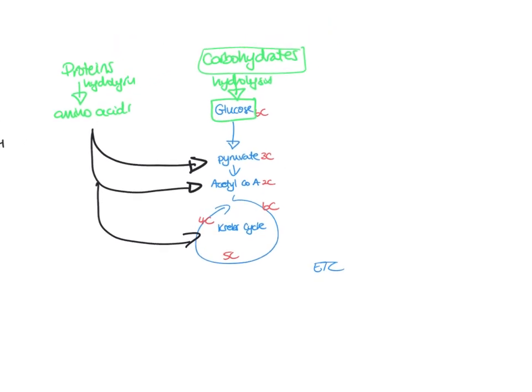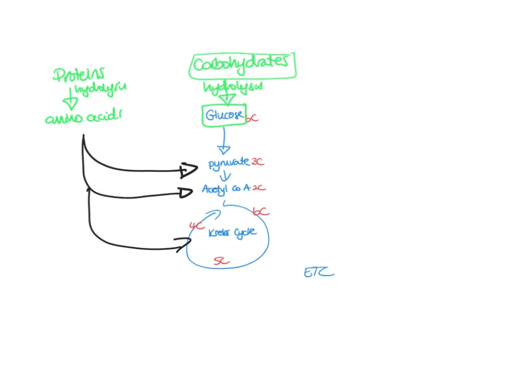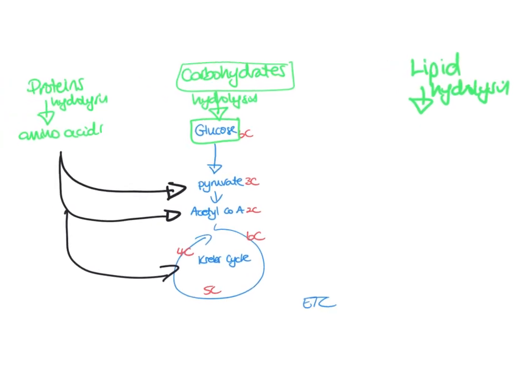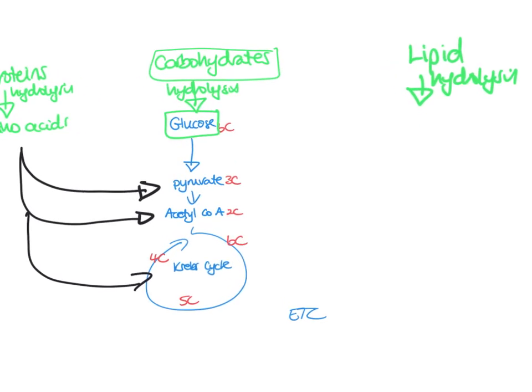In terms of lipids, when you eat a fat or a lipid, it gets hydrolyzed, in other words, digested. What does it get broken down into? Fatty acids and glycerol.